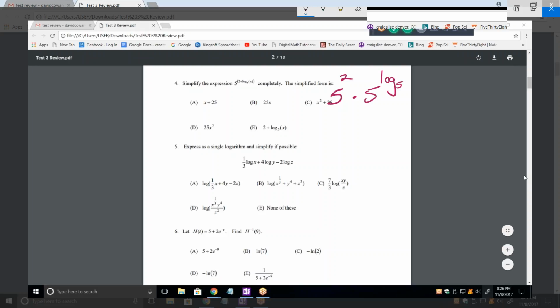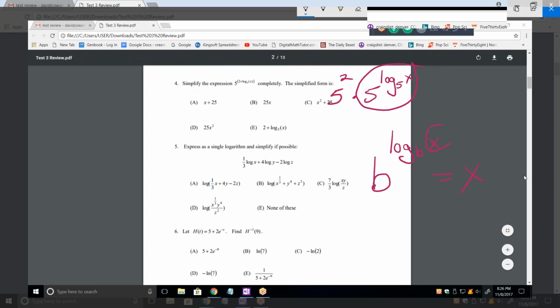And now that's quite helpful because this is something, what's that equal to? 5 to the log base 5 of x is just x. In other words, log base b of x, that's always x. If it's of x squared, then it's x squared.